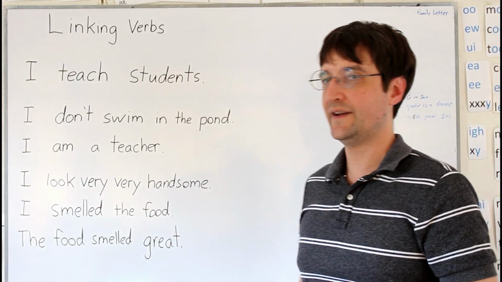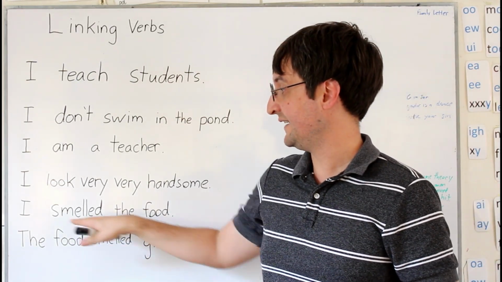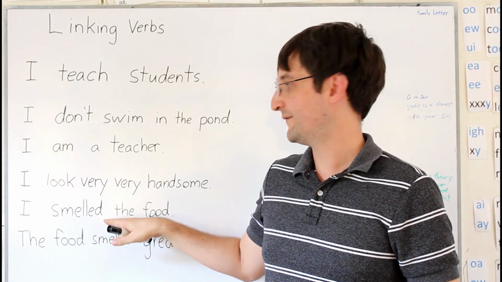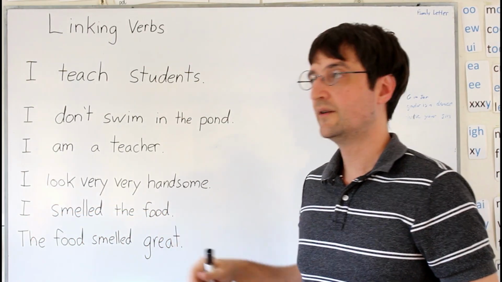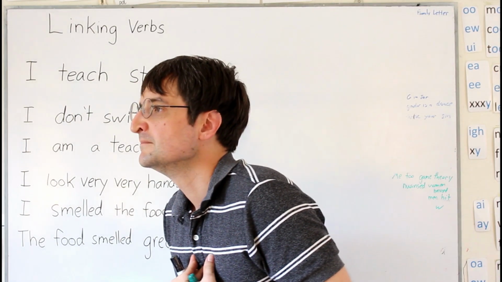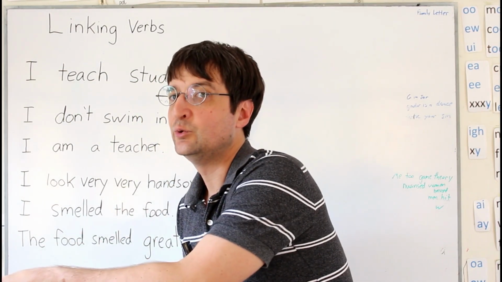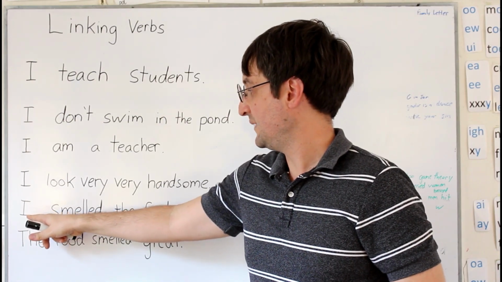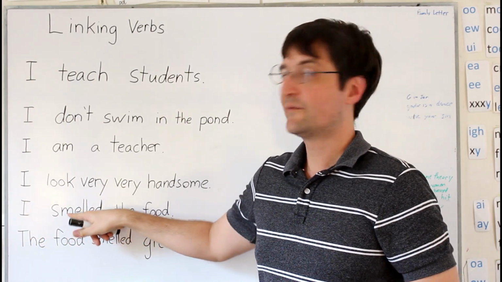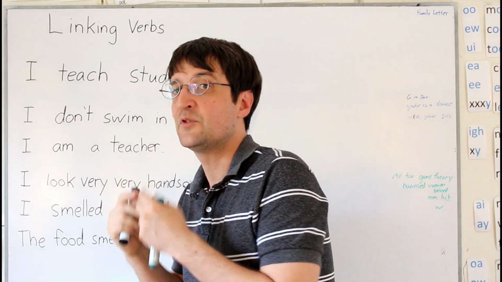Another one, and in this case, this is a transitive verb. I smelled the food. That's a transitive verb. The action is transferring from me to the food through the verb smelled. The action is smelled.